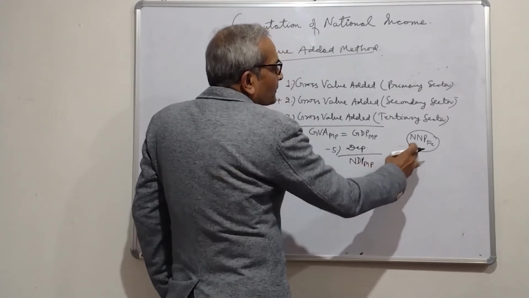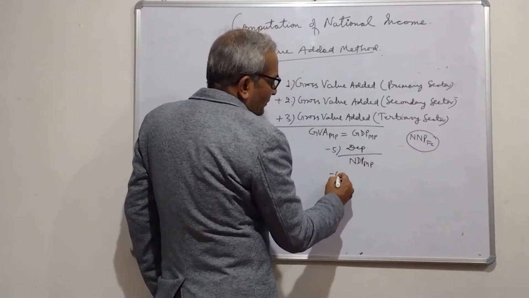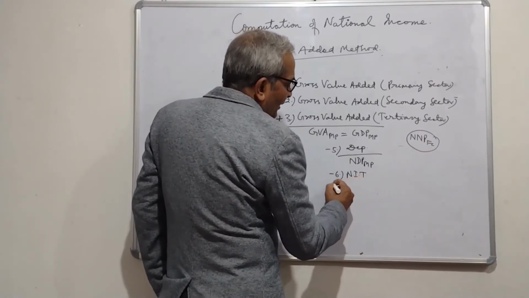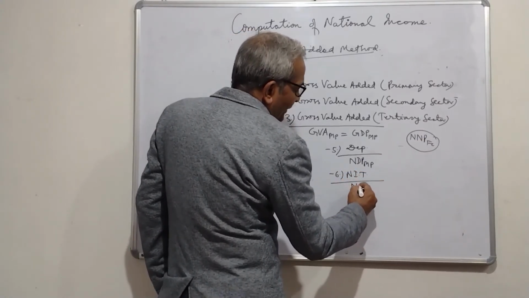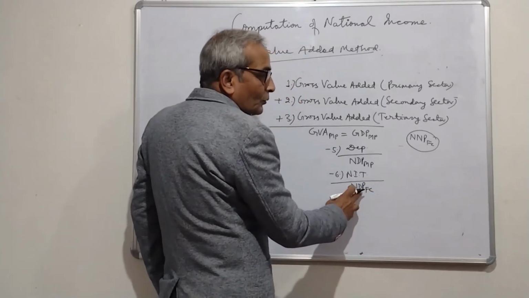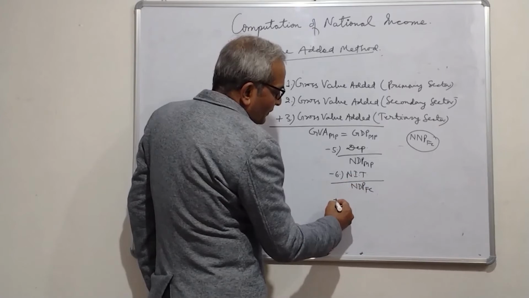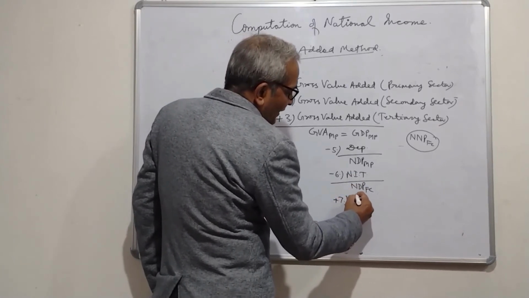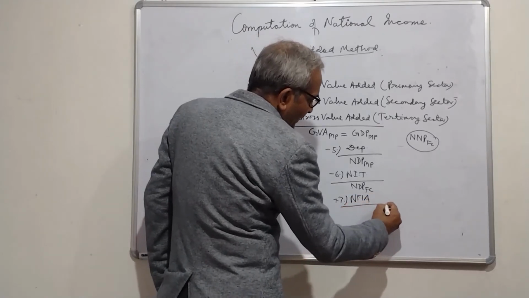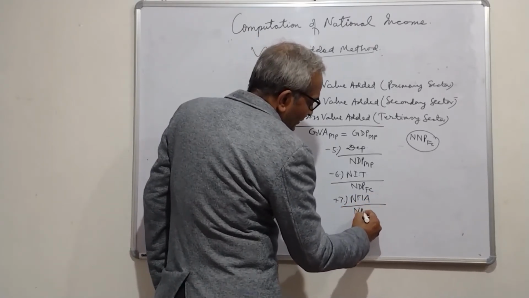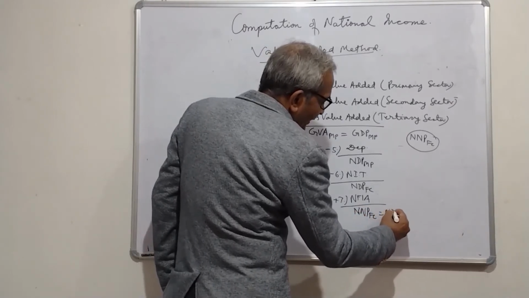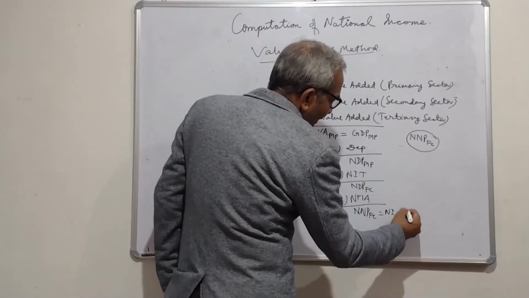To convert market price into factor cost, we subtract NIT from it, then we get NDP at factor cost. And to convert domestic into national, we add net factor income from abroad, and then we get NNP at factor cost, which is equal to national income denoted by Y.